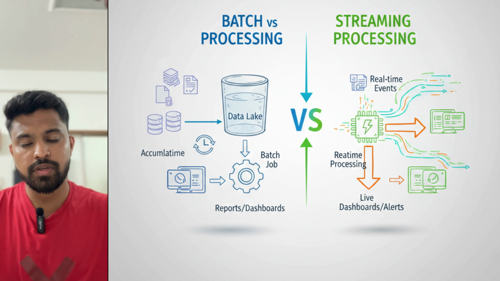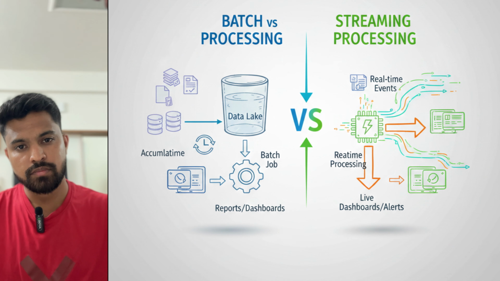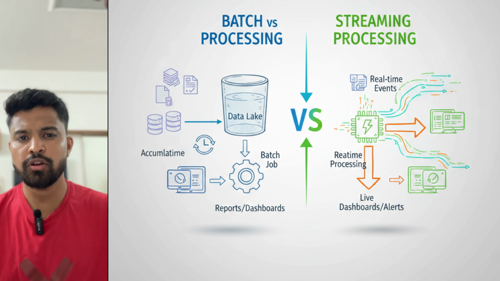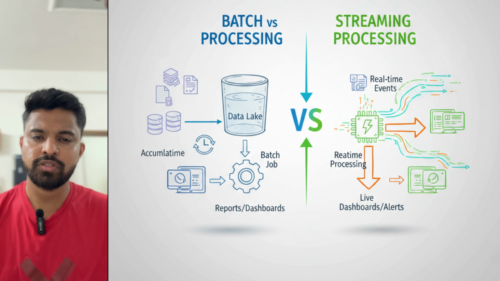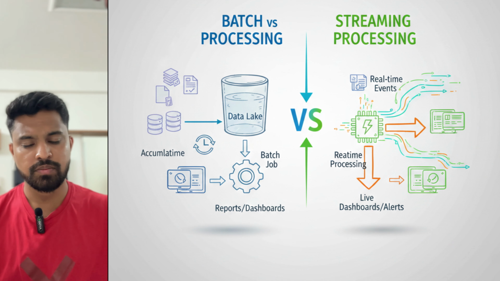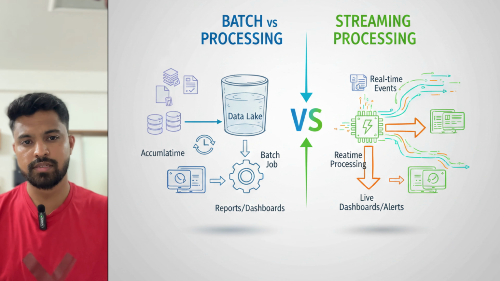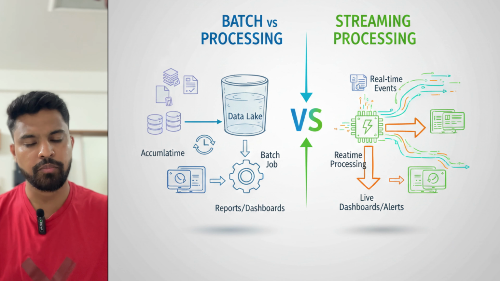A real world example in stream processing is whenever you swipe a credit card, the fraud detection happens instantly. The tools we're going to use in stream processing are Apache Kafka, Apache Spark, Apache Flink, and in AWS Cloud we use AWS Kinesis for real-time streaming processing.